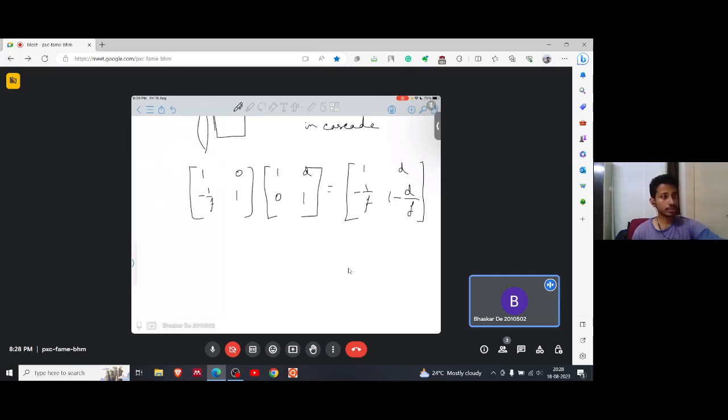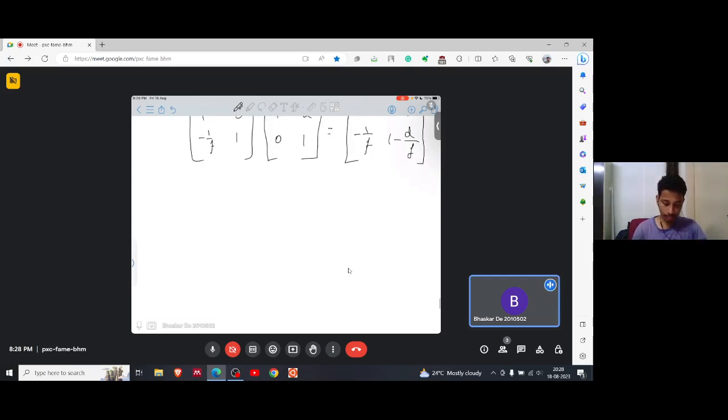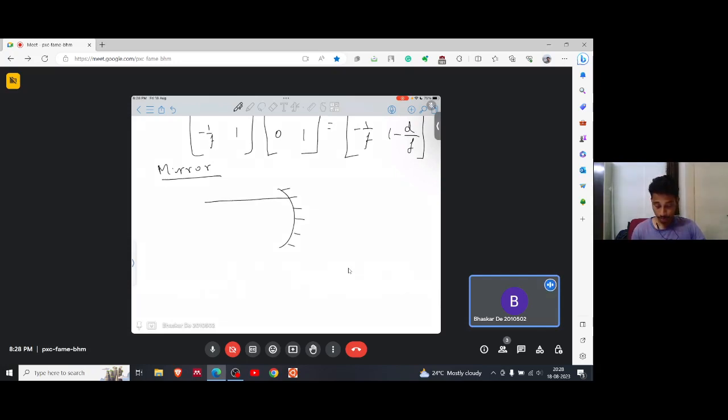So the next component that is relevant is the mirror. For a mirror there is a problem, because when you think of a mirror, the beam is going like this and then it will come back like this.